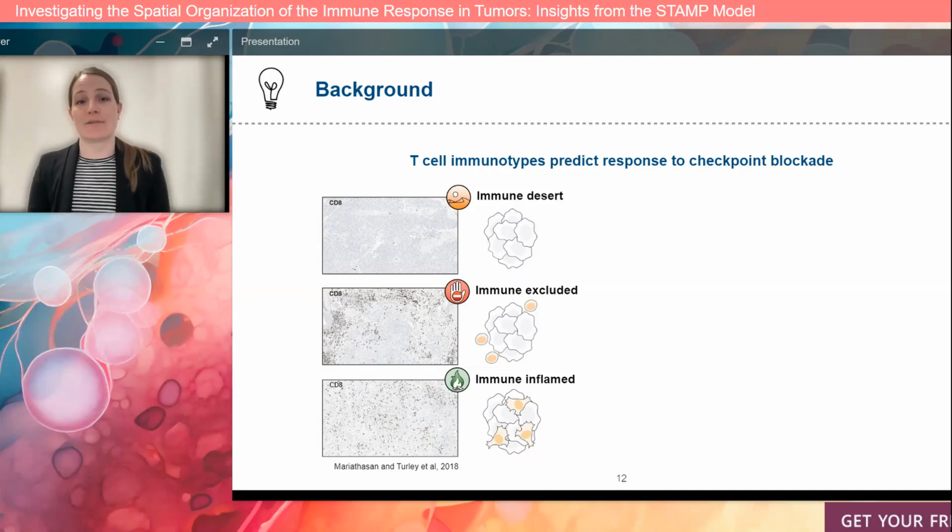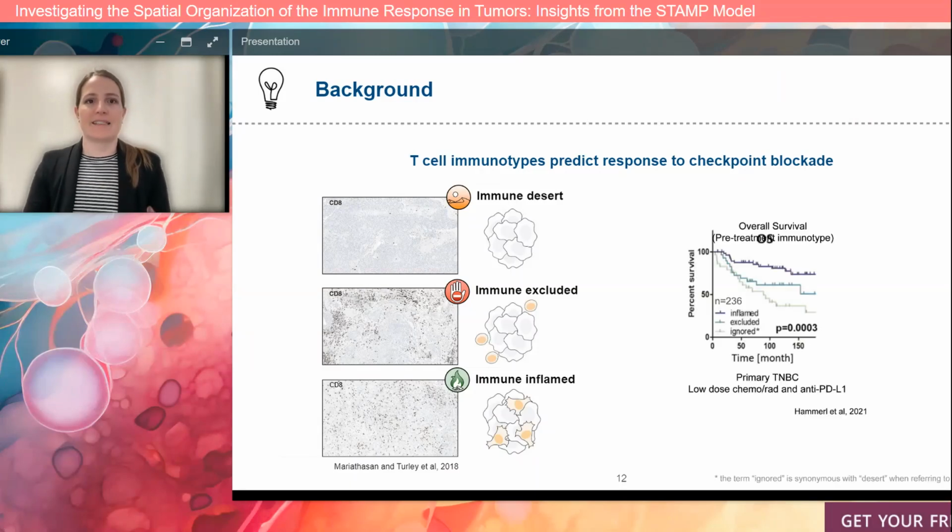And different indications have different frequencies of these immunotypes. So prostate cancer is canonically considered a desert, colon cancer is a more excluded indication, and melanoma most often exhibits the inflamed phenotype. And these immunotypes have been shown to predict patient response to immunotherapy. So here is just one example, looking at immunotype and outcome in the context of triple-negative breast cancer.